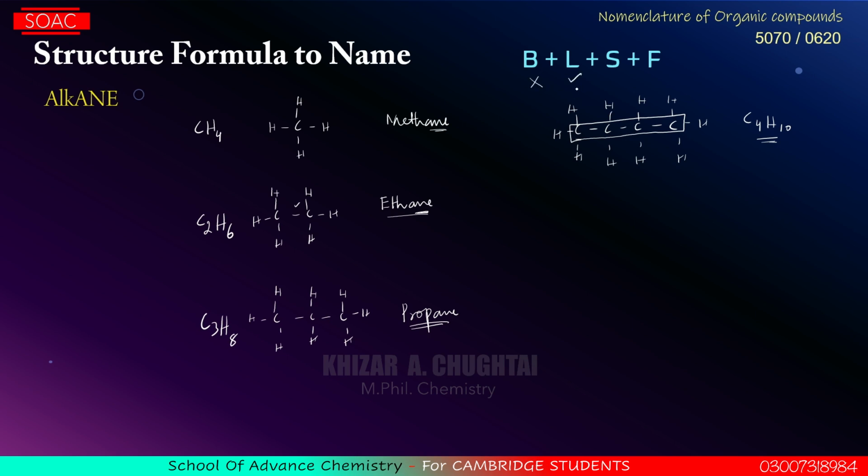There is just the longest chain, and the suffix will be ane as our carbons are single bond, and there is no functional group. So it has only two portions of name: one is the longest chain and the other one is ane. The name of four carbon atoms starts from but, so but and all carbon single bond, so it is said to be butane.